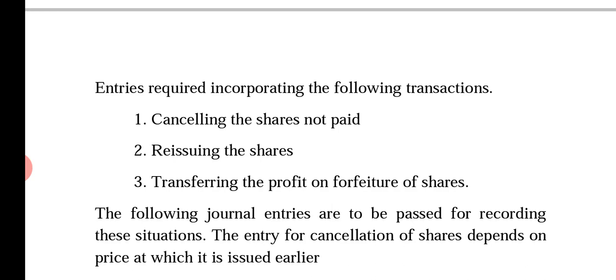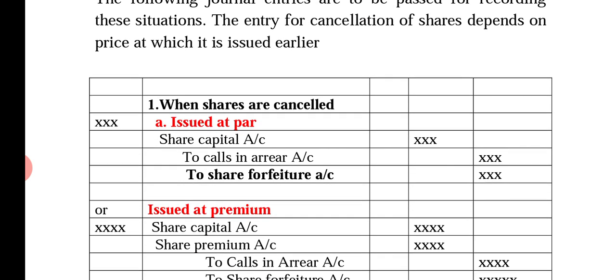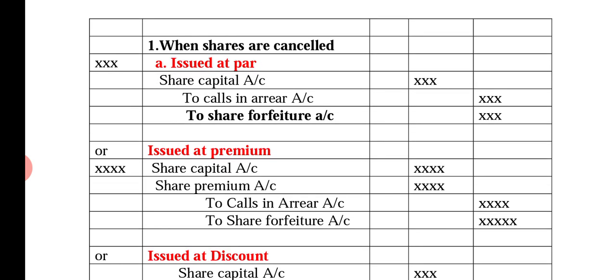These 3 entries should be adopted. I will explain how the journal entries will be passed in case of cancellation of shares. It depends on the method of pricing, whether the shares are issued at par, at premium, or at discount. Based on these 3 conditions, we have to pass the journal entry for cancelling the shares.